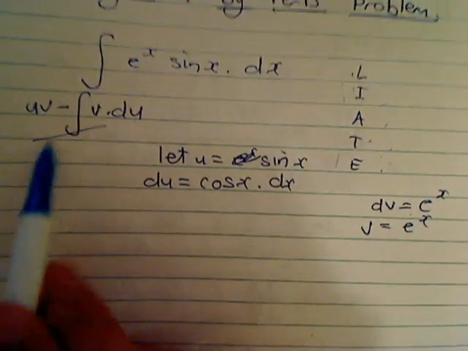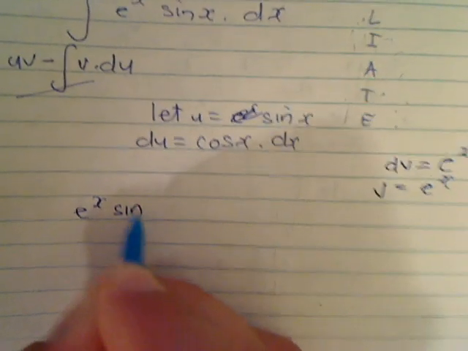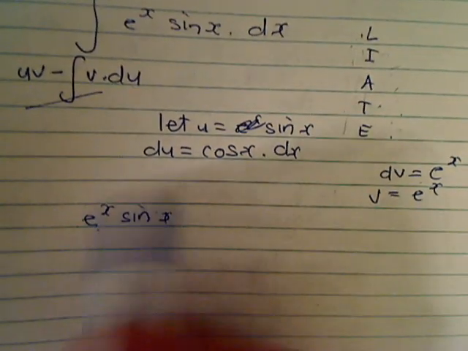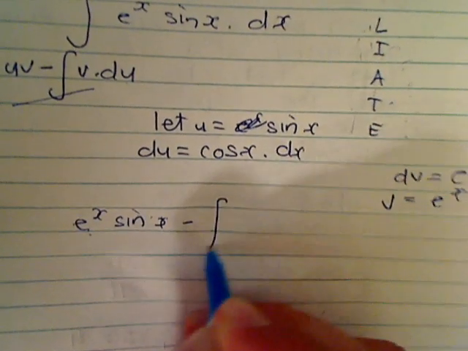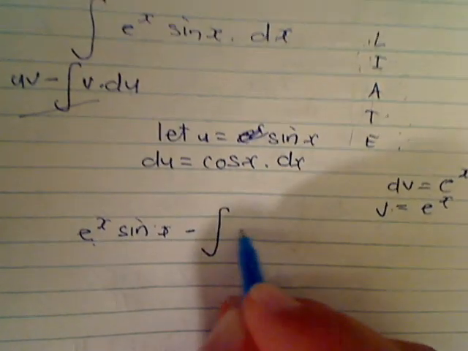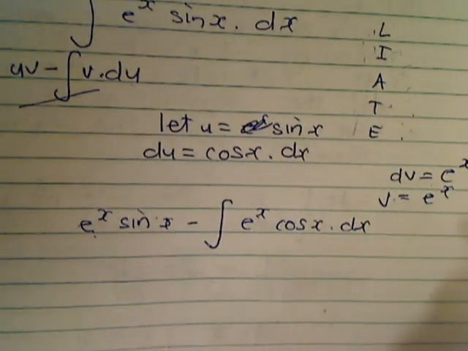So I'm going to sub it into this formula. I'm going to write e^x first: e^x sin x, actually uv but I've just switched it around, minus the integral of v du, e^x cos x dx.